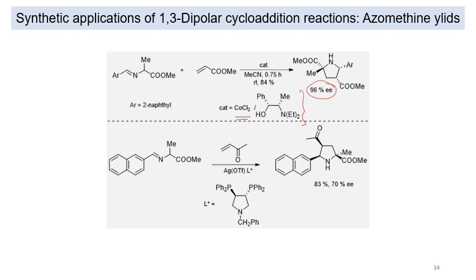Similarly, in the next case, you can see this is a silver catalyst and this is a chiral phosphine ligand, which is C2 symmetric. This, when used in the reaction of this azomethine ylide, leads to a wonderful cycloaddition in very high yields and moderate enantiomeric excess.